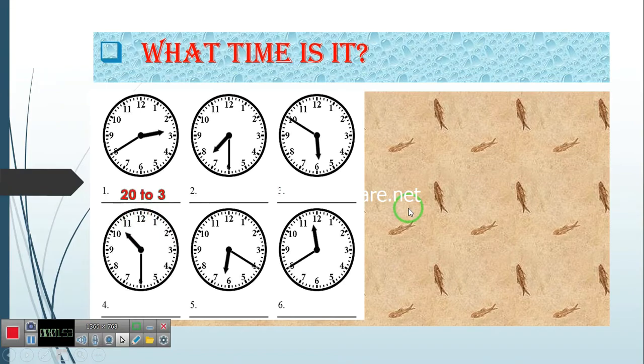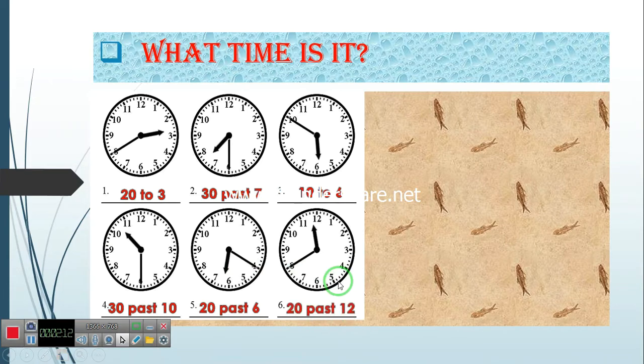The second analog clock, what time is it? 30 past 7. Third, 10 to 6. Fourth, 30 past 10. Fifth, 20 past 6. Sixth, 20 past 12.